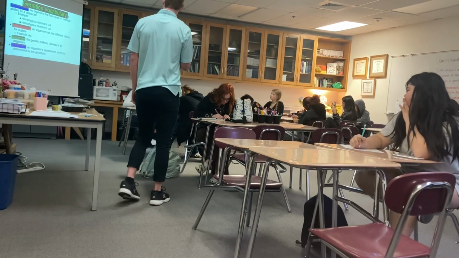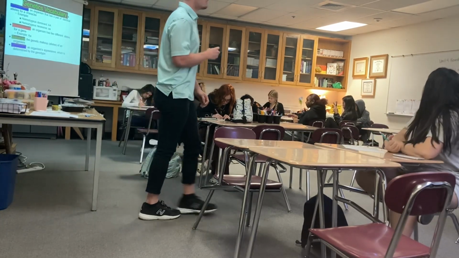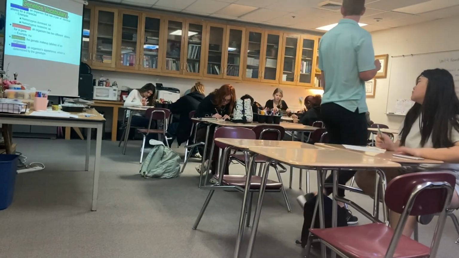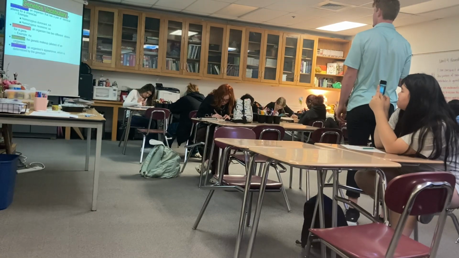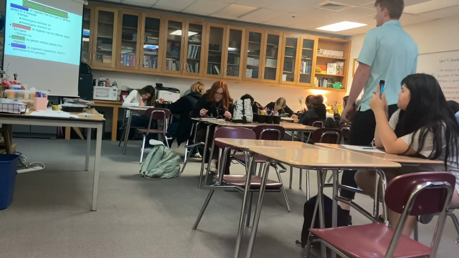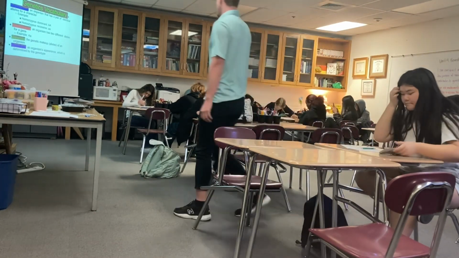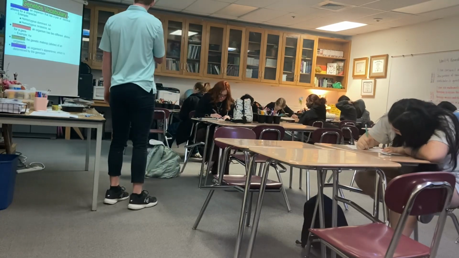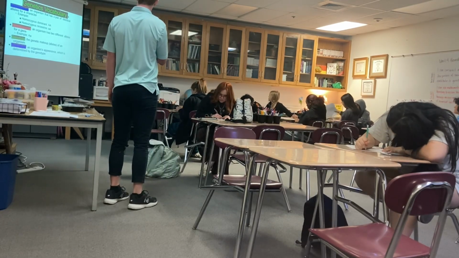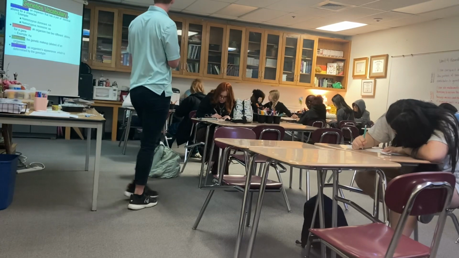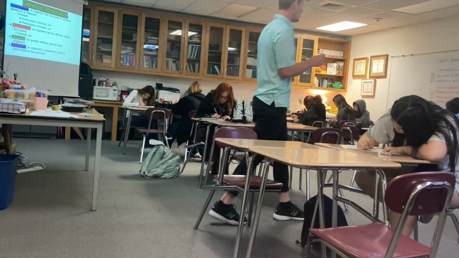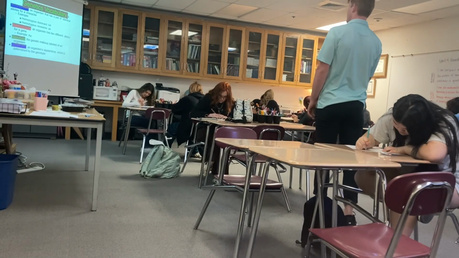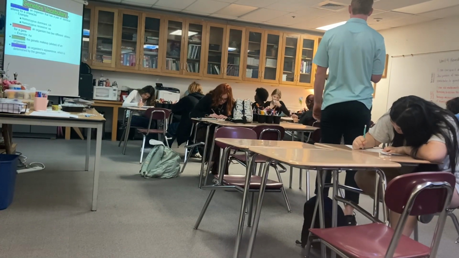Capital letters represent the dominant version of a gene, and lowercase letters represent the recessive version of that gene. So, if we look at right here, this person, we call it homozygous dominant because homo means same, and they have the same 2 alleles, which are dominant because they're capital letters.